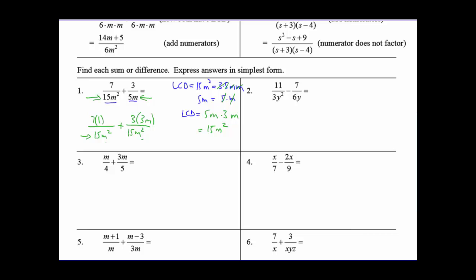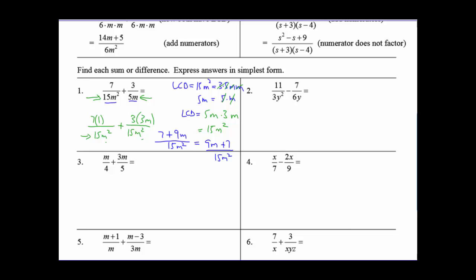Now if we multiply, 7 times 1 is 7, plus 9m. And because we have the same denominator, we can combine to get 7 plus 9m over 15m squared. If I rewrite this in standard form, we have 9m plus 7 over 15m squared.